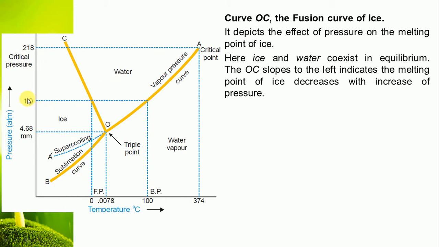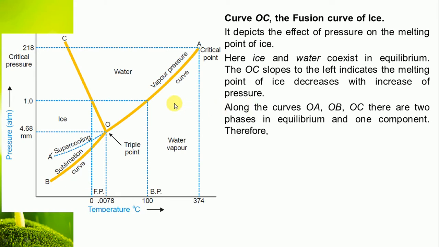When the pressure was 1 atmosphere, the temperature was 0 degrees Celsius, but when the pressure is 218, the temperature is certainly less than 0 degrees Celsius. So if the pressure increases along OC, the temperature decreases. That is why it is said that the leftward slope of OC indicates the melting point of ice decreases with the increase of pressure.